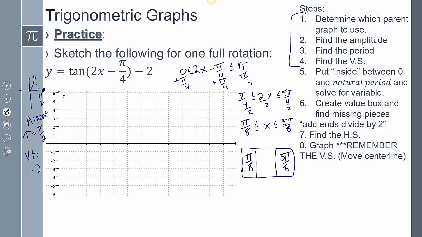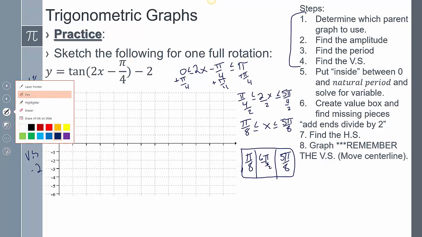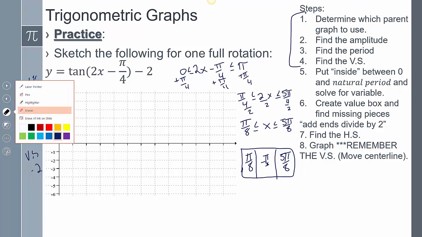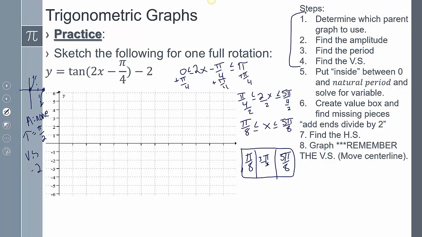If I add the ends and divide by 2, I'm going to get 6 pi over 8 over 2, and so the 2 and the 3 is going to reduce, and that's why it's going to give me 3 pi eighths. So I know I can label this. This is my 1 pi eighths, 2 pi eighths, 3 pi eighths, 4 pi eighths, 5 pi eighths.